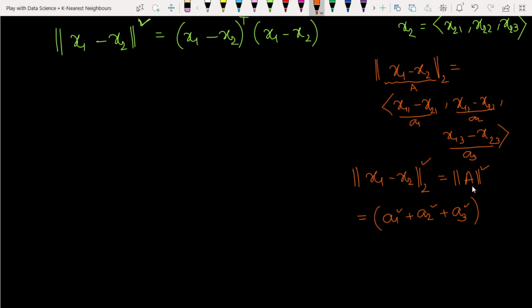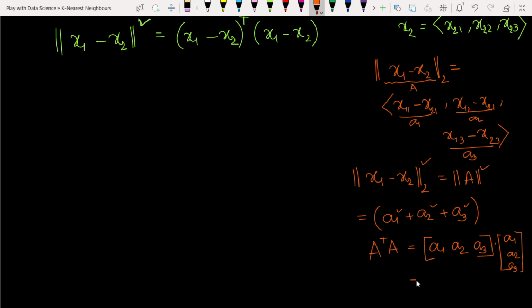Now, if you calculate a transpose a, what does it mean? In the first lecture, I take a vector as a column vector. So a transpose will be a row vector a1, a2, a3, and a is the column a1, a2, a3.